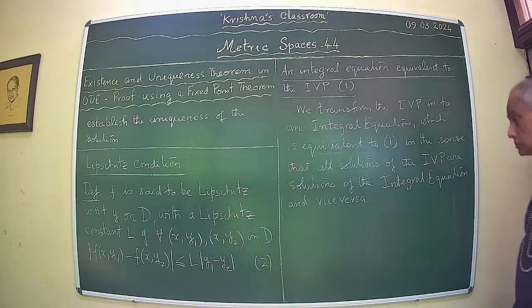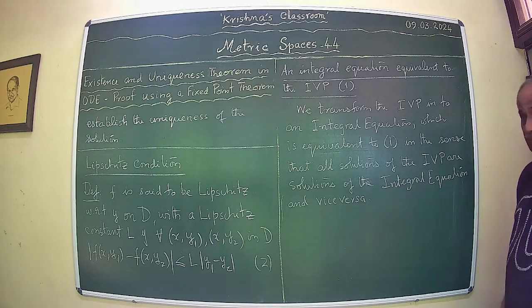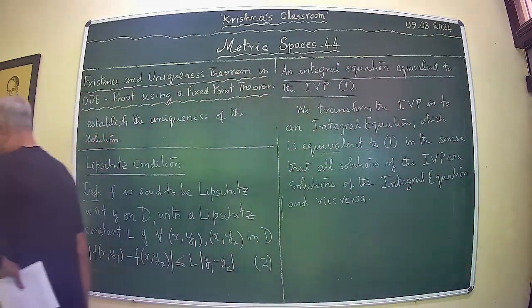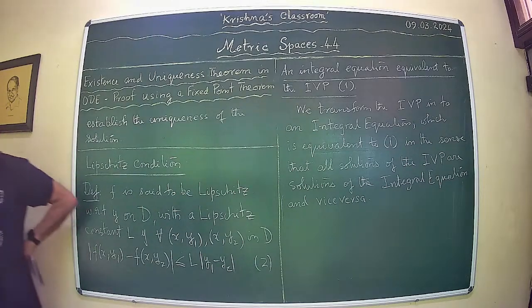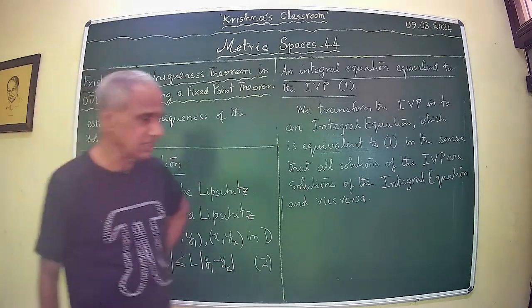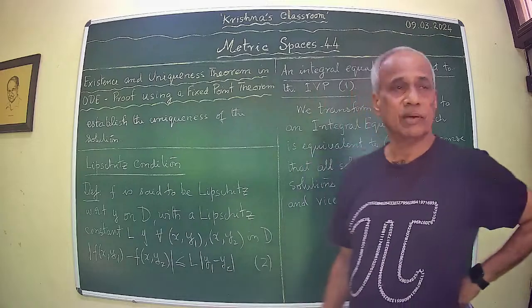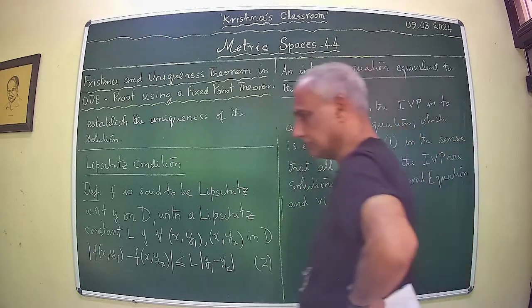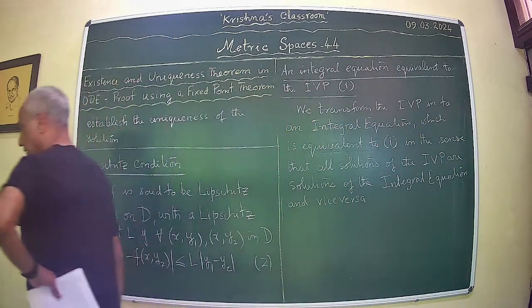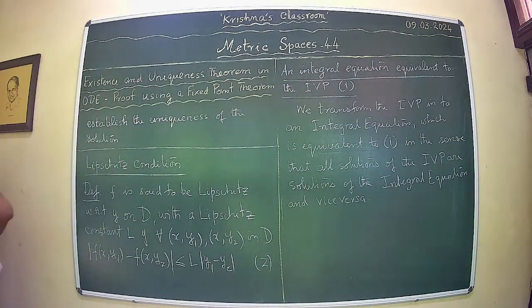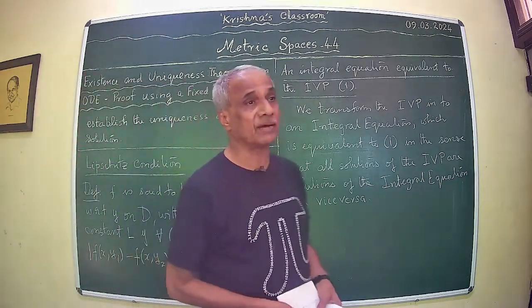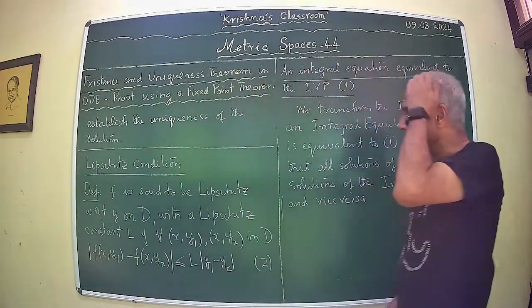That means instead of solving 1, we find solutions of the integral equation, then it automatically becomes a solution of the initial value problem. Because the way in which we transform this, it follows that every solution of the integral equation is a solution of the initial value problem, and every solution of the initial value problem is a solution of the integral equation.